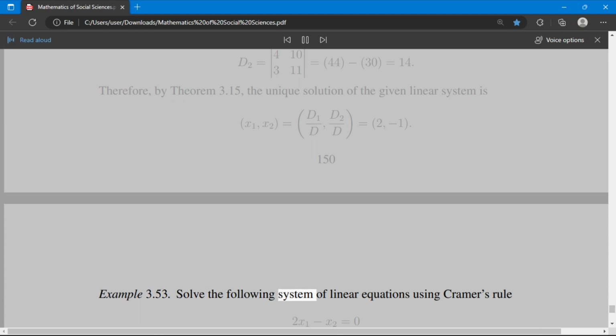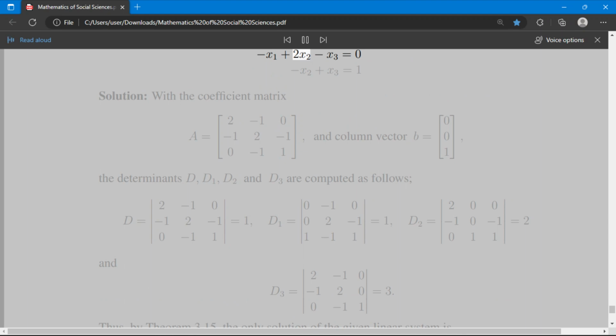Example 3.53. Solve the following system of linear equations using Cramer's rule: 2x1 - x2 = 0, -x1 + 2x2 - x3 = 0, -x2 + x3 = 1.